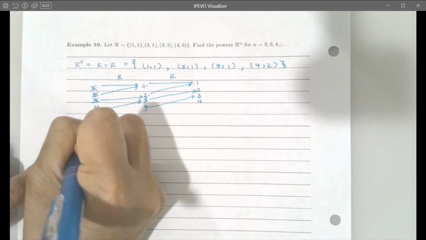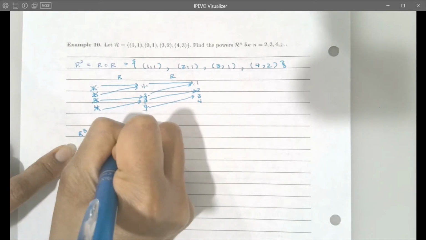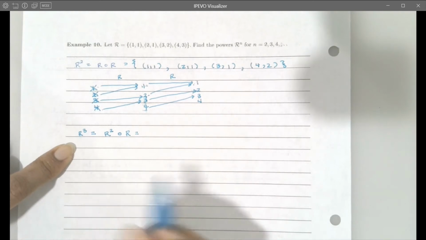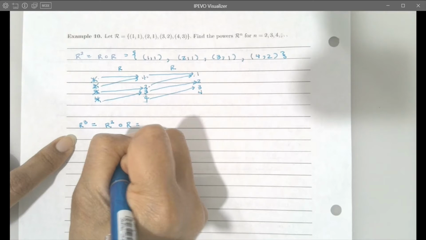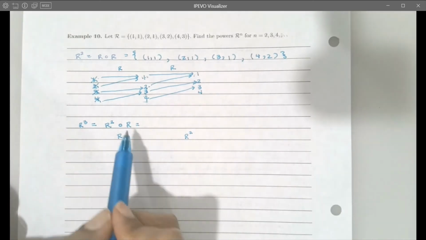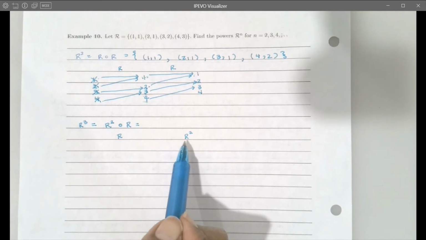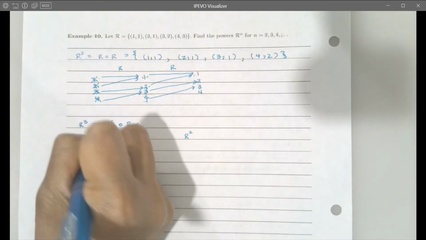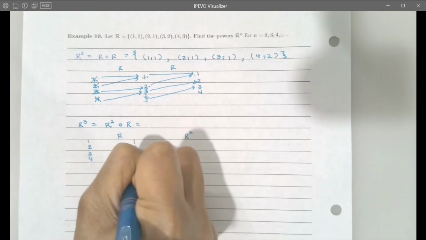So now we have R3 that we need to find, and it is defined recursively, so it's going to be R2 of R. And what that means is that I'm going to now take this R2 and take a look at that mapping. So first we have to take R2 itself and then R. We'll draw that mapping. So starting off with R, we'll have 1, 2, 3, 4 mapping to 1, 2, 3, 4.